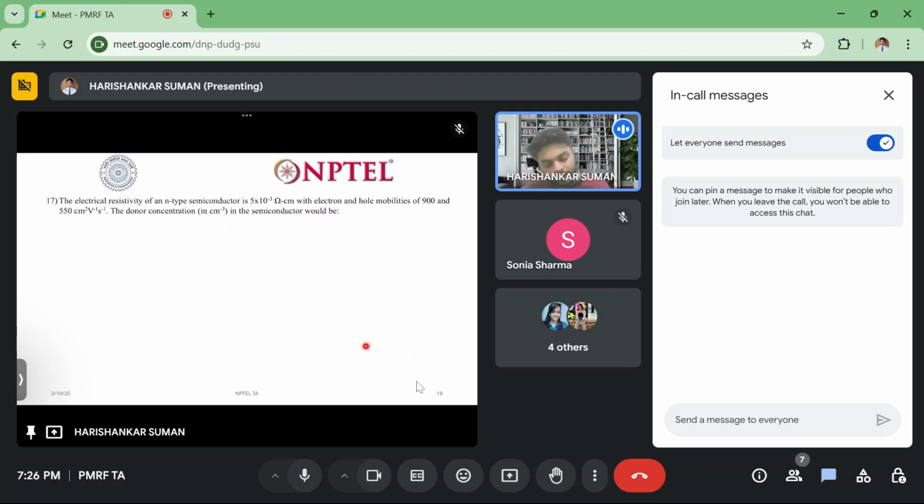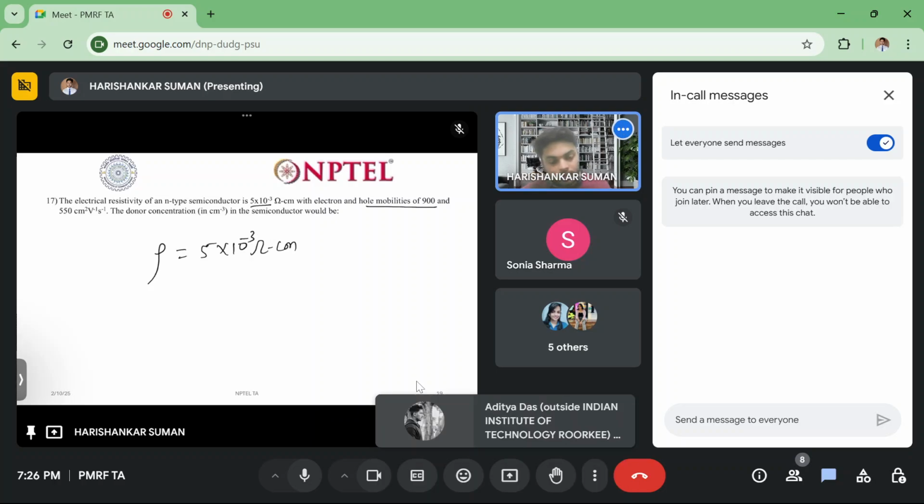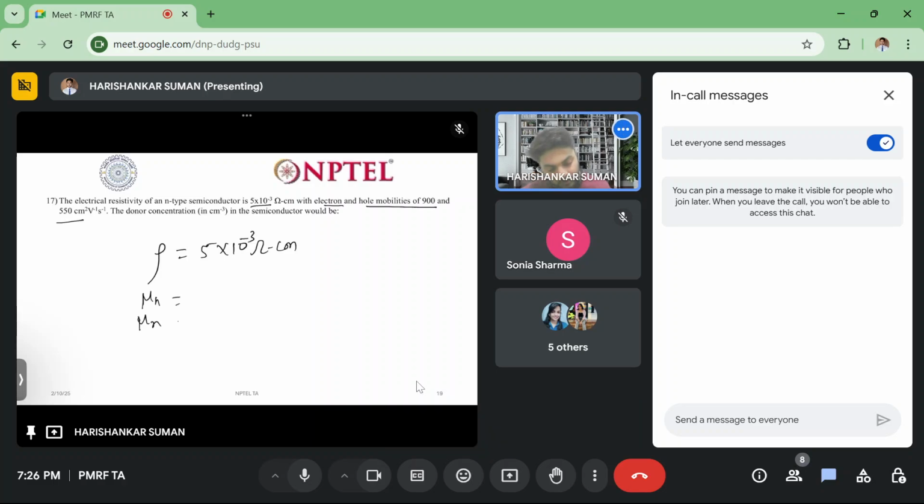The electrical resistivity of an n-type semiconductor, rho, is 10 to the power minus 3 ohm centimeter. Electron and hole mobility, mu n and mu h: for electron 900, for hole 550. Unit is centimeter squared per volt per second.